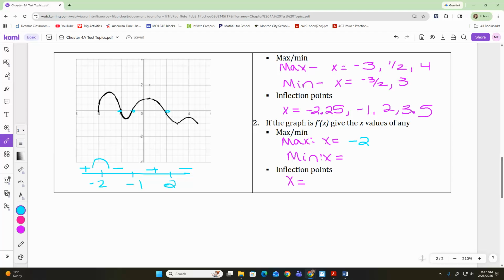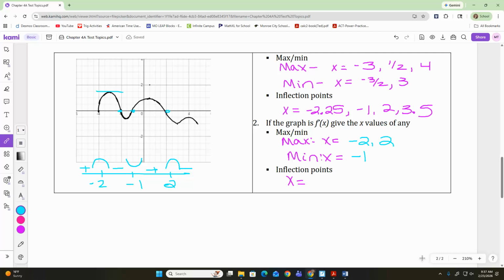Negative 1, it went from negative to positive. So it went from decreasing to increasing. So negative 1 is a local min. At 2, the graph went from positive to negative, increasing to decreasing. So 2 would be a local max. All right, inflection points. Inflection points happen when the second derivative is 0. So if I'm looking at the first, I'm asking when will the derivative of this be 0?